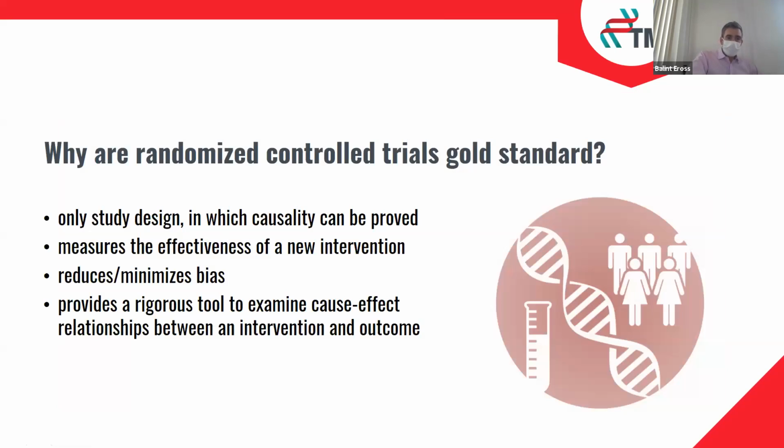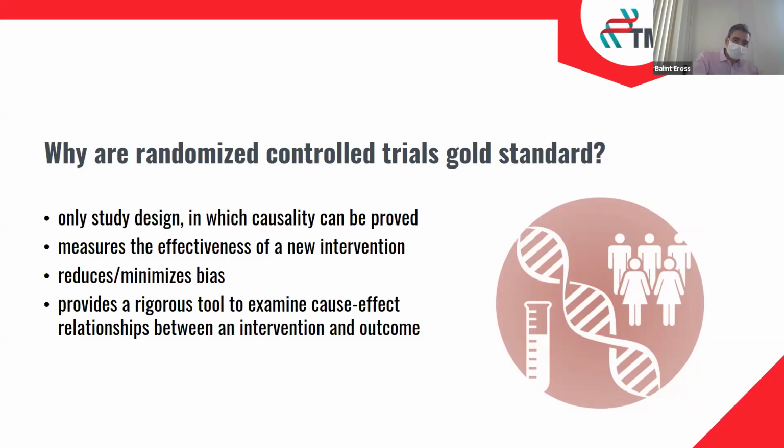So, as I said, why is RCT the gold standard these days? This is the only study design in which causality can be proved, as it can measure the effectiveness of a new intervention, and it reduces or minimizes the bias in your studies. It cannot take away all the biases.